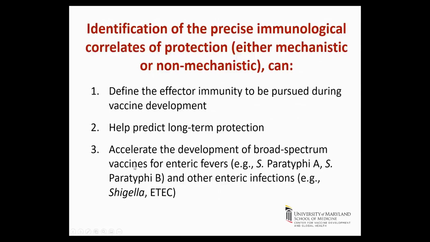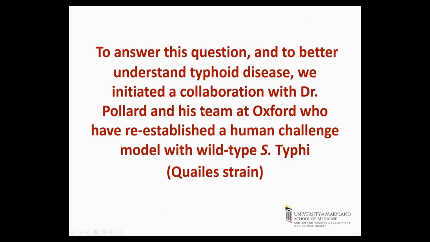For example, Salmonella Typhi A, Salmonella Typhi B, as well as other enteric infections like Shigella or enterotoxigenic E. coli. Now, how can we address this question directly? One way in which this can be addressed, particularly given that Salmonella Typhi, as I mentioned before, is a human-restricted pathogen, is to study volunteers who are challenged with wild-type Salmonella Typhi.